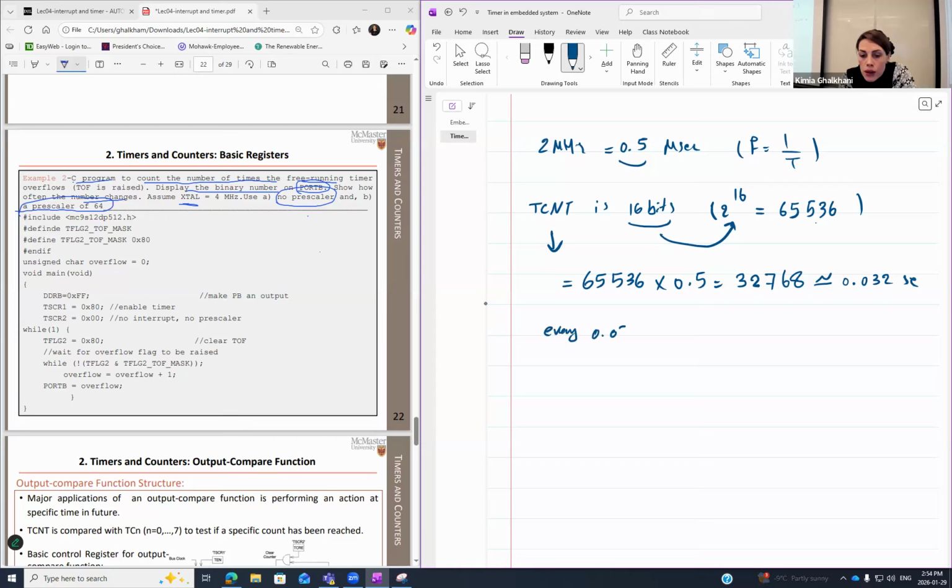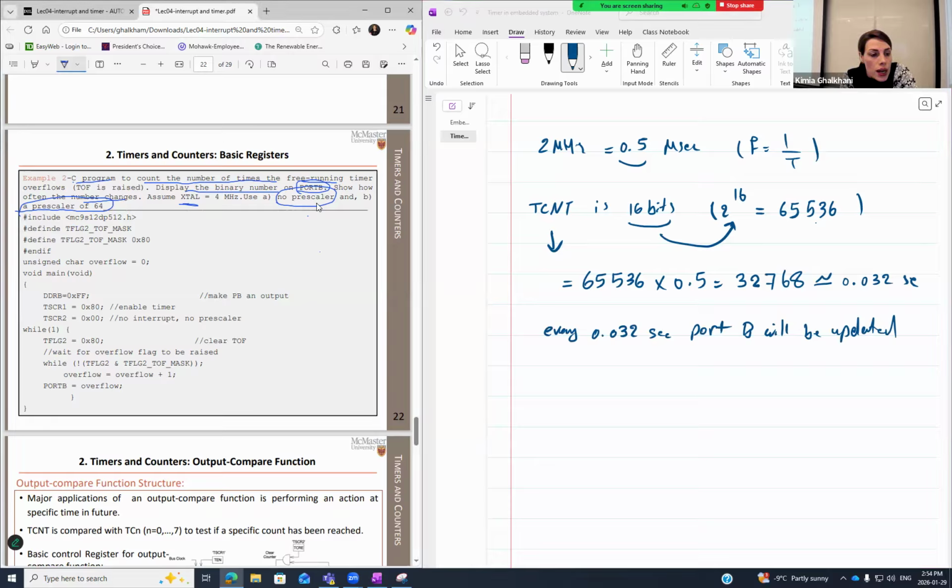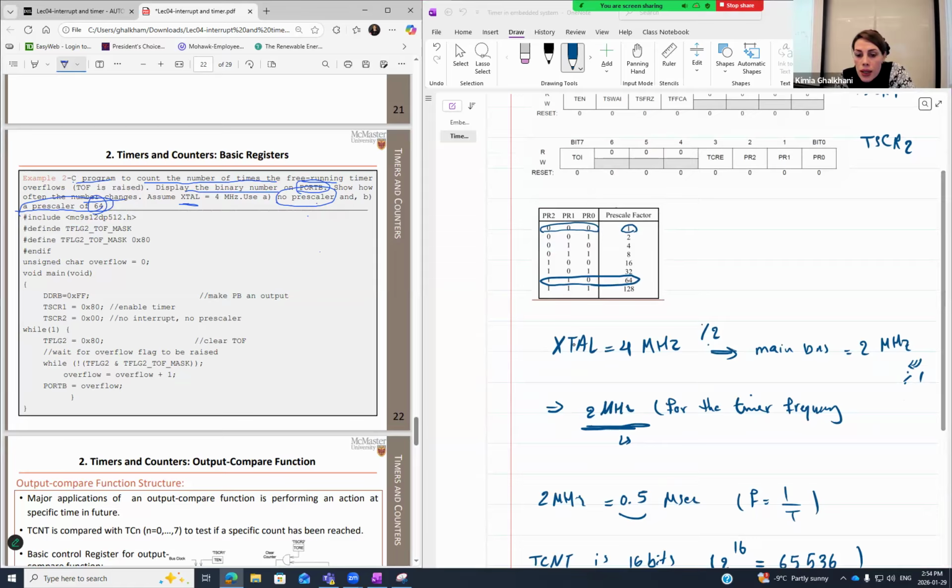Every port B will be updated. Make sense? Now, what if I want to have the prescaler 64? That's for the no prescaler. But now for 64, I have to come back here.